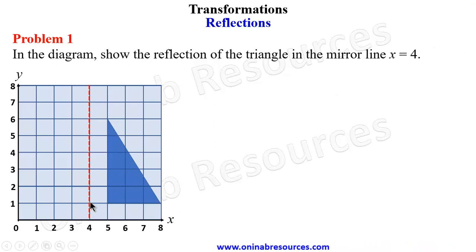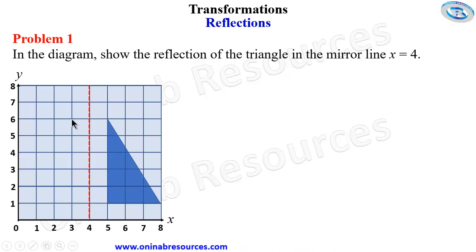And as we stated earlier, if we start from here, which means the height of the right angle triangle is 1 unit away from the mirror line. You can see from here to this is 1 unit, from here to this is 1 unit. So if we start from the height of the image, we are going to start from here and it comes down to this point.